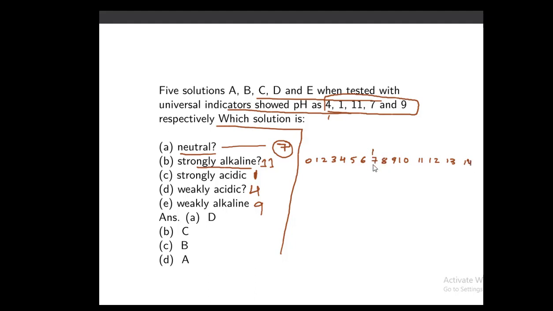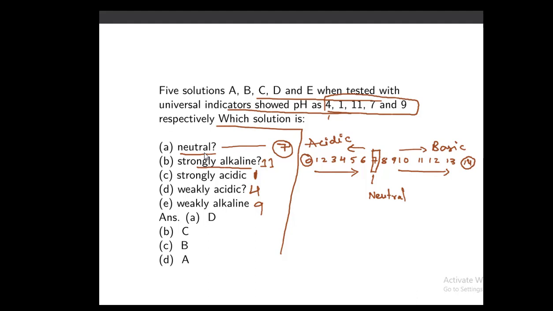You have to remember that 7 is neutral, and the 0 to 6 numbers on the left side are acidic in nature, and the right side numbers are alkaline or basic in nature. Got it? The highest basic value is 14, the highest acidic value is 0. Here the value decreases and here the value increases.